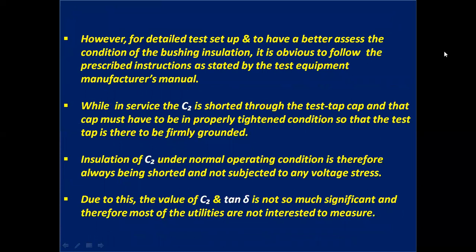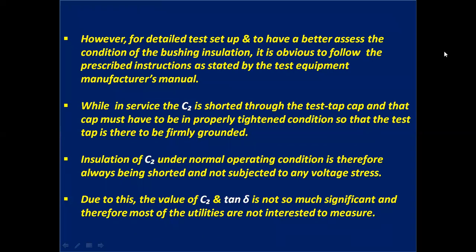However, for detailed test setup and to better assess the condition of the bushing insulation, it is obvious to follow the prescribed instructions as stated in the test equipment manufacturer's manual.